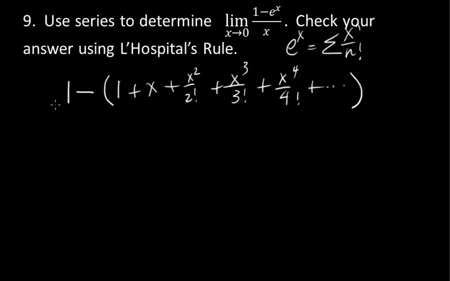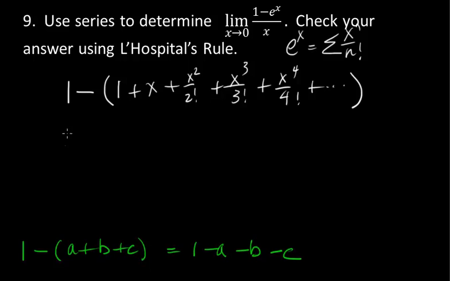Now, to subtract 1 minus all of that, a lot of you did not bring the minus sign across the entire sum. Look down here, let me just show you in case you did that. If you had 1 minus a plus b plus c, you're going to write it as 1 minus a minus b minus c. You bring the minus 1 across. It's using the distributive property of multiplication over addition.